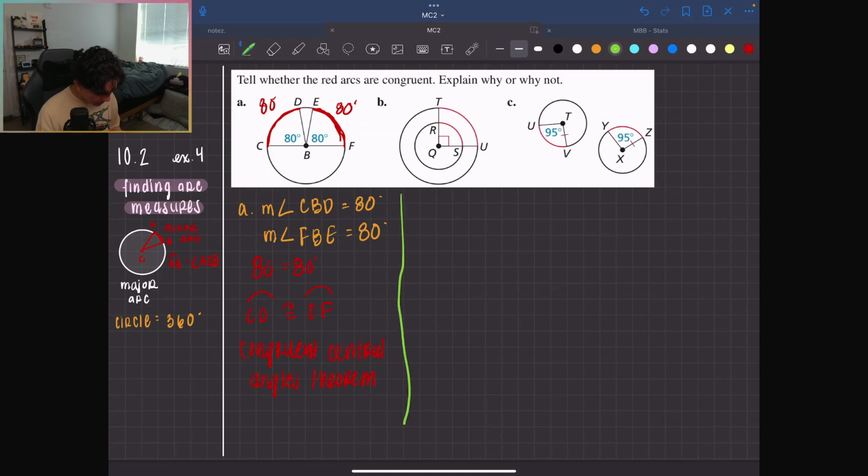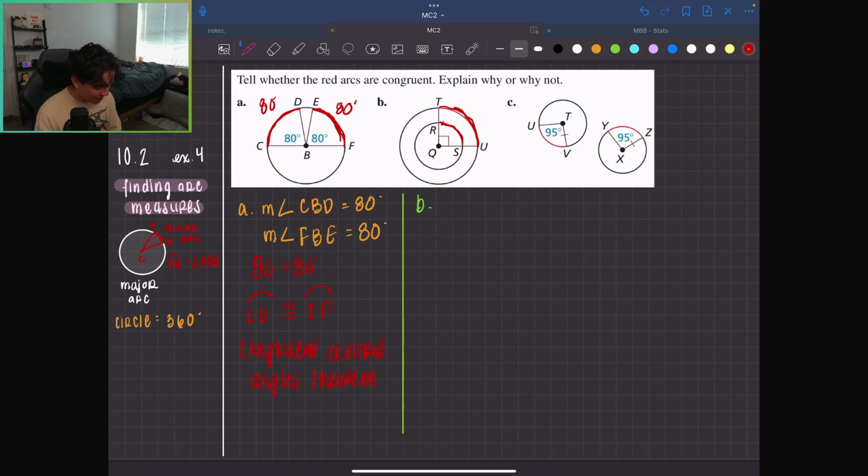Let me just make a line here. All right, B. Let's check out these two right over here. Obviously, are these two arcs going to be congruent? Congruent, remember, means same shape, same size. We can obviously tell that this is way smaller than this, and alternatively, arc TU is larger than arc RS.